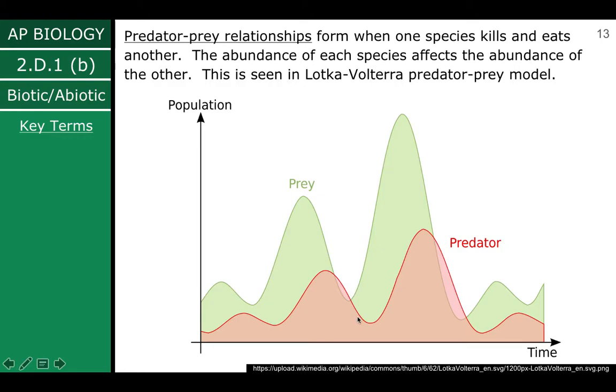And they're in this intertwined relationship where if one species goes down, so does the other one, and it's just kind of back and forth. And that's also why you see it go so high and so low, is because that relationship constantly is changing.